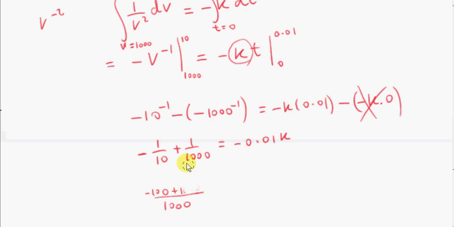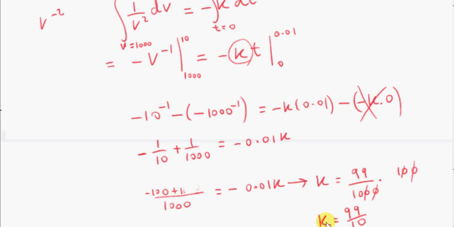I should have just done this in the calculator, but anyway. So we get minus 100 plus 1, which is minus 99 over 1000, and we need to divide that by minus 0.01. Or we can multiply both sides by minus 100, so we get a positive answer. So we get 99 over 10. That's what we had to show.